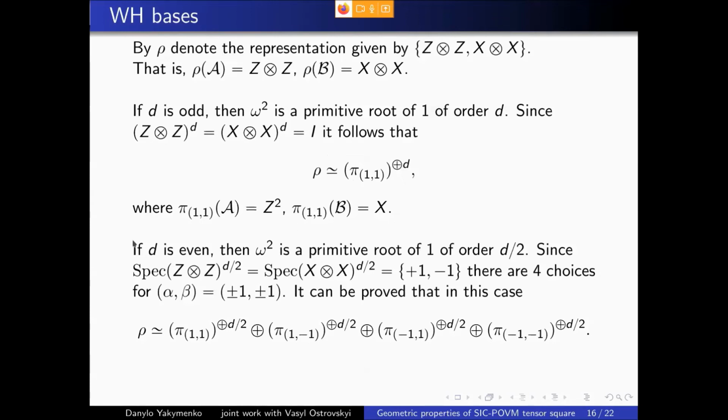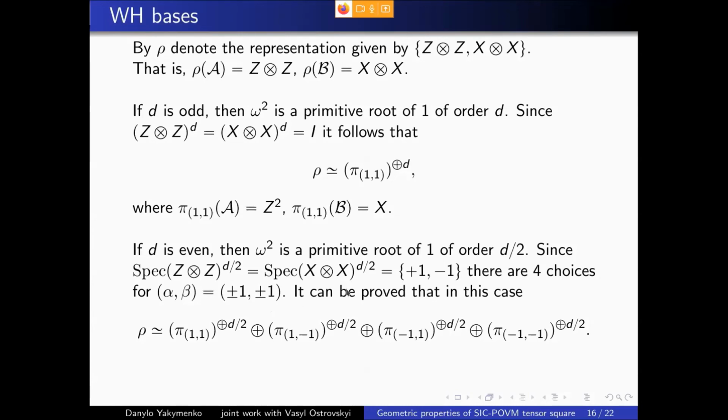But if the dimension D is even, then omega squared is actually a primitive root of unity of order D over 2, and so every irreducible representation will be in this dimension. To apply the previous theorem, we need to look at this spectrum to see what the possible values of alpha and beta are, and there will be 4 choices.